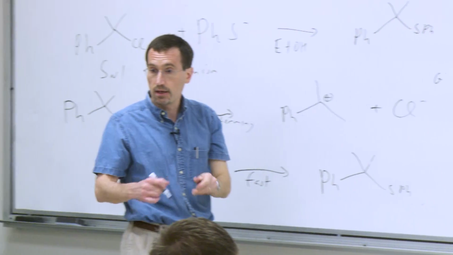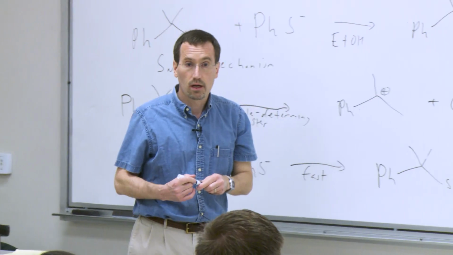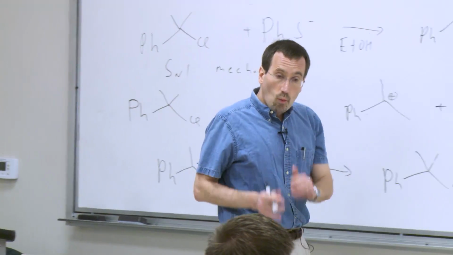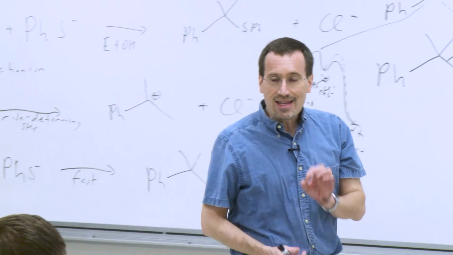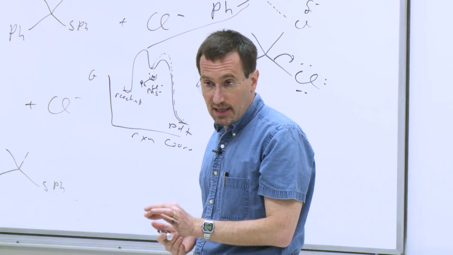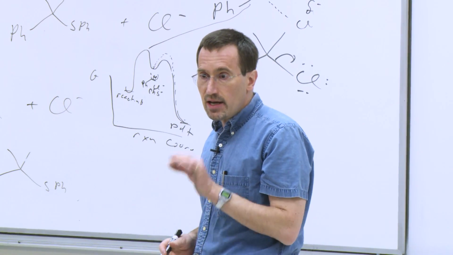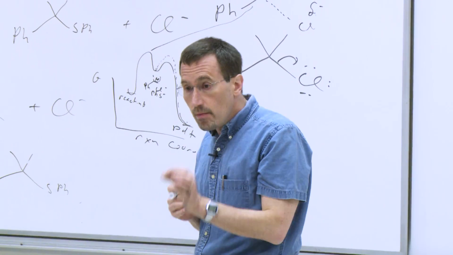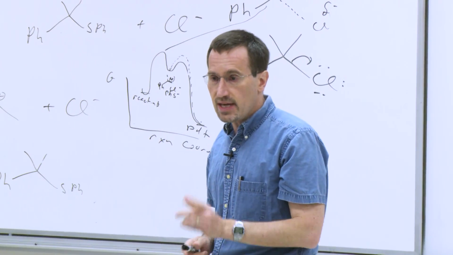Does that make sense? For this case, would we expect a mixture of products? In this case, the benzene thiolate is so much more fantastically nucleophilic than the ethanol that the short answer is not a significant amount that you would detect.